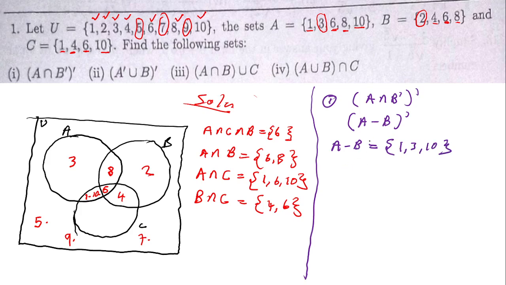Now what we are looking for is A minus B complement. So in the universal set, we are just going to remove 1, 3, and what? 10. And then the rest are the members of A minus B complement.